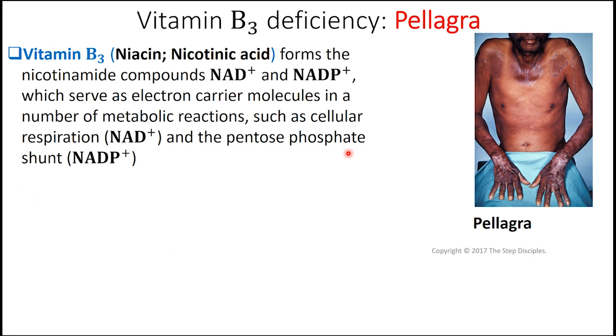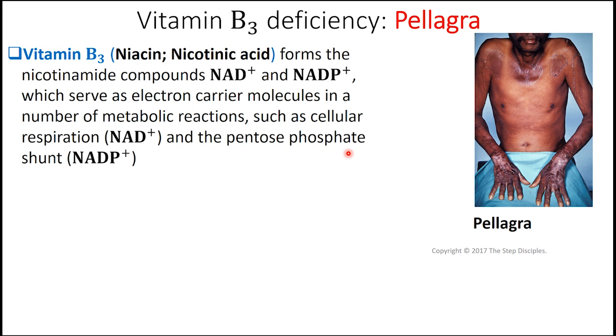Move on then to vitamin B3 deficiency. So the deficiency associated with vitamin B3 is pellagra, which is just, classically, rough skin. Anyway, vitamin B3, or niacin, or nicotinic acid, forms the nicotinamide compounds, nicotinamide adenine dinucleotide and nicotinamide adenine dinucleotide phosphate, which serve as electron carrier molecules in a number of metabolic reactions, such as cellular respiration, that's NAD, and the pentose phosphate shunt, NADP+.